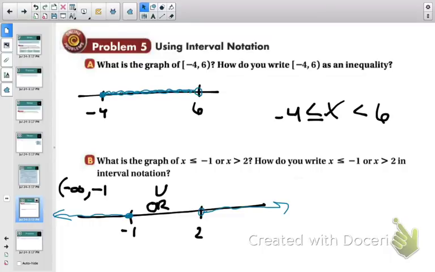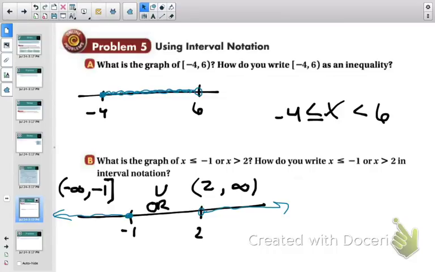And that is included, so that would be a bracket. Then we skip a bunch of numbers in between -1 and 2. We start again at 2, and it goes to infinity. Okay, and that will definitely be a parenthesis. 2 is an open circle, so that will also be a parenthesis. So that is how you would write it in interval notation.